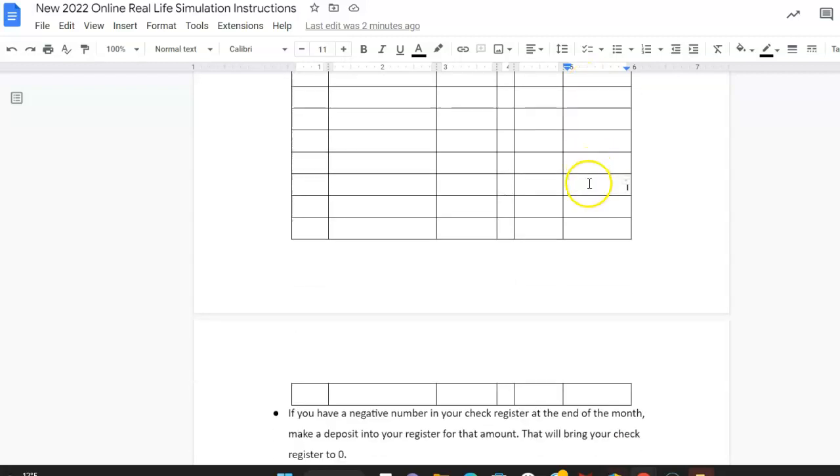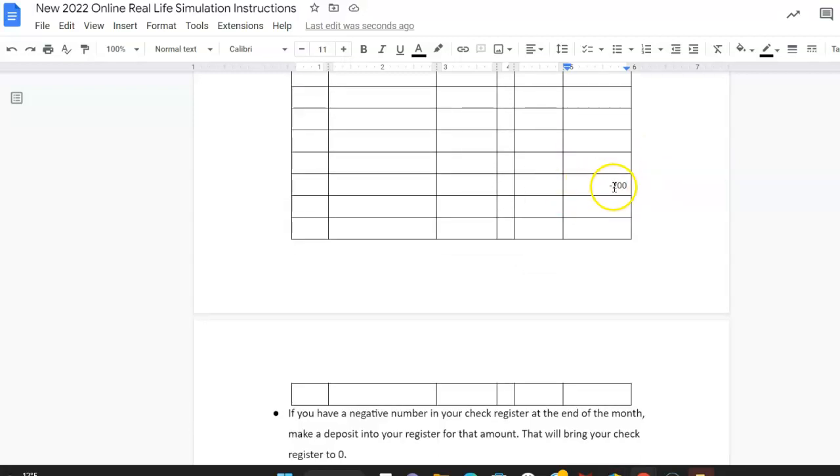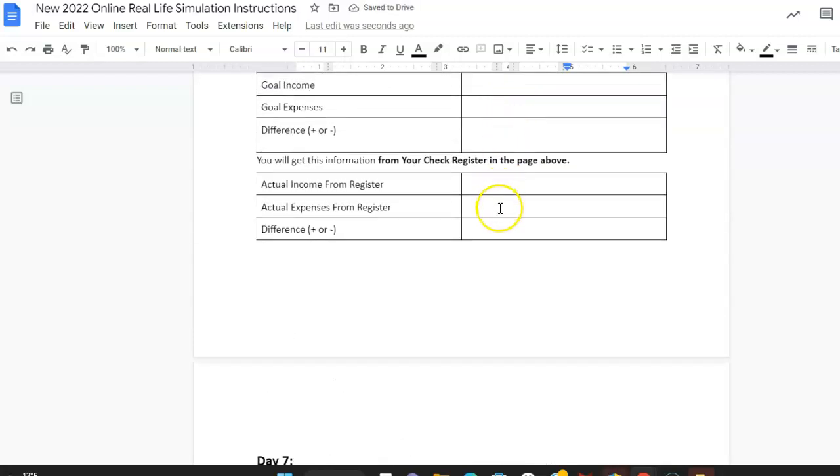Okay, if you have a negative amount, say I have negative 200 on my balance, you actually just take your paycheck deposit amount and add $200 to it, and then that's your expenses. So it depends on what you have, and you just do the math and put it here, and then make sure you give me a plus or a minus so I know that you're understanding whether it's a positive or negative amount.